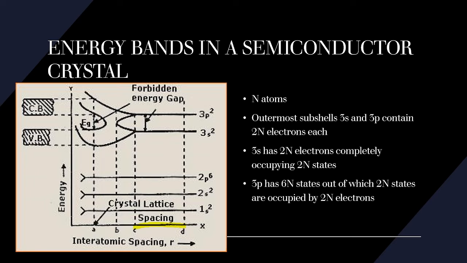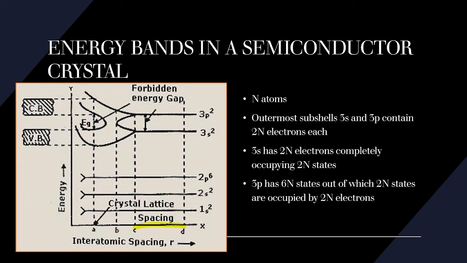That means now in total you will have 8n states, 2n corresponding to 3s energy level and 6n corresponding to 3p energy level. And these energy states are continuously distributed.